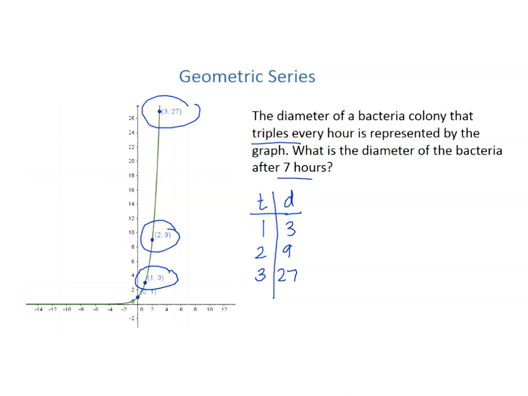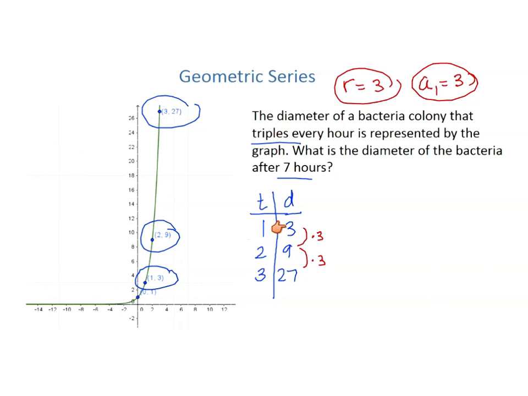And it tells us the common ratio because it says that it triples every hour, but we can also see that in our chart, in our table. So our common ratio is 3. And our first term is also 3, right?